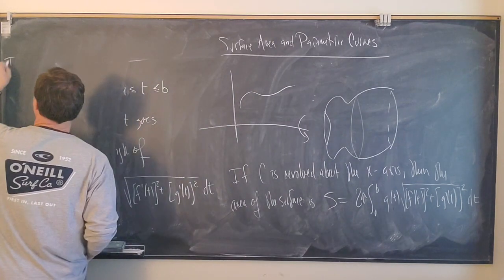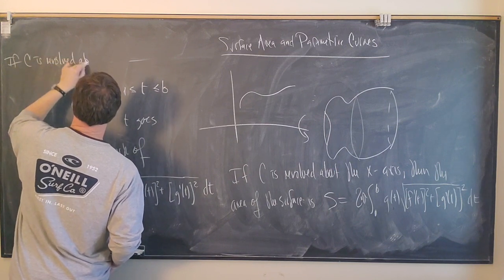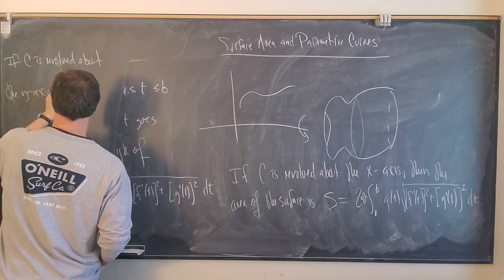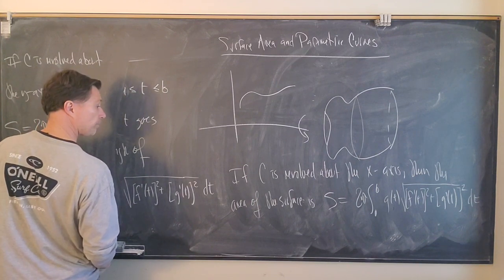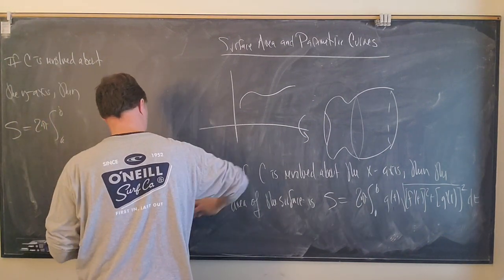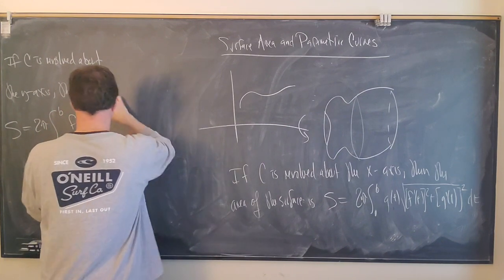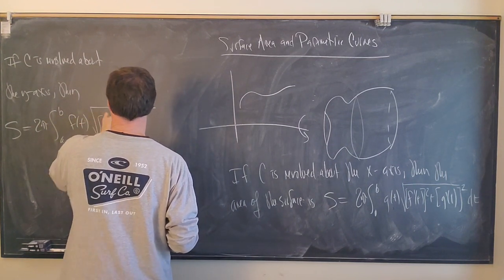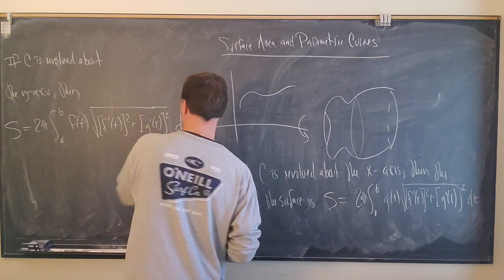So if C is revolved about the y-axis, then the surface area of the resulting surface is 2 pi integral from a to b f of t times square root f prime of t squared plus g prime of t squared dt.